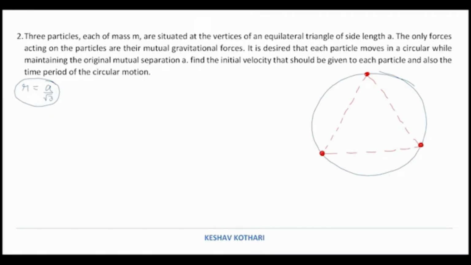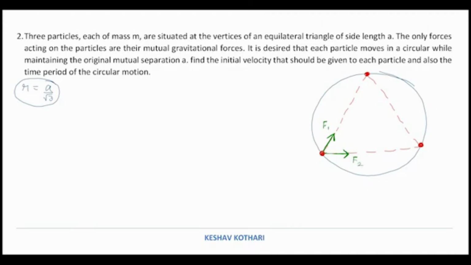Now we are asked to calculate the velocity of each particle. If I select this mass, there is a gravitational interaction between these two masses which will contribute to force F1, and another gravitational interaction between these two masses will account for force F2.